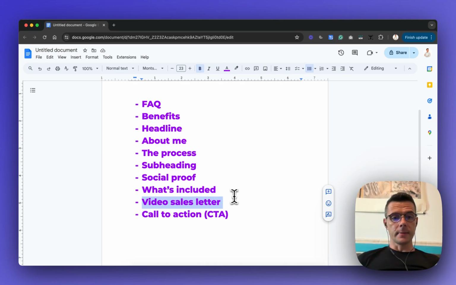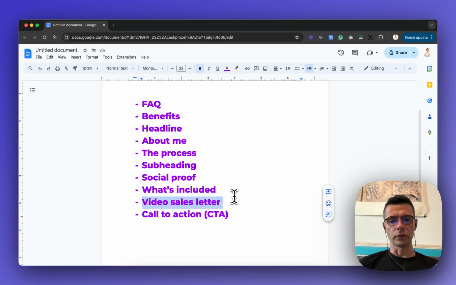Usually it goes in the front of your landing page, and it's more professional looking. It looks neat when someone has a video sales letter. It doesn't have to be long, but it builds that connection and bond between you and your potential customer.